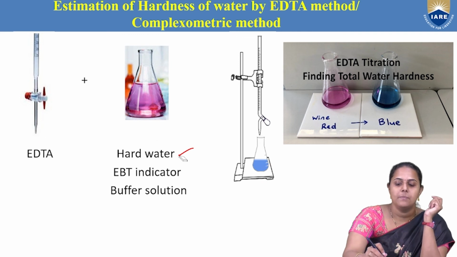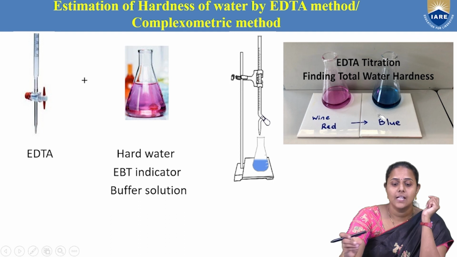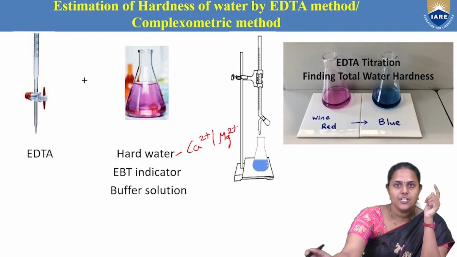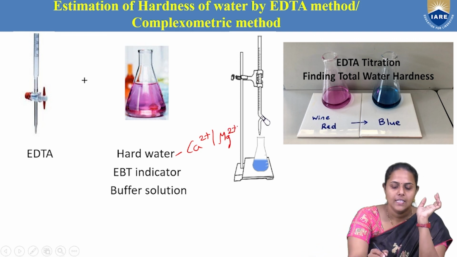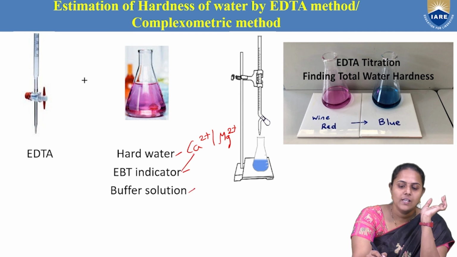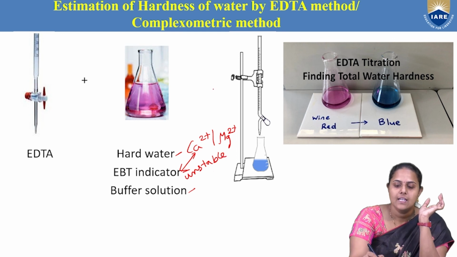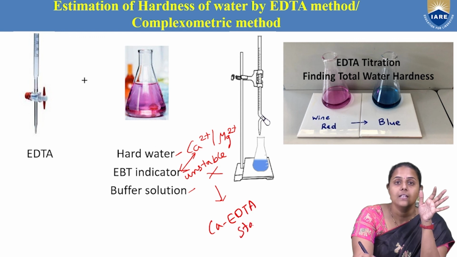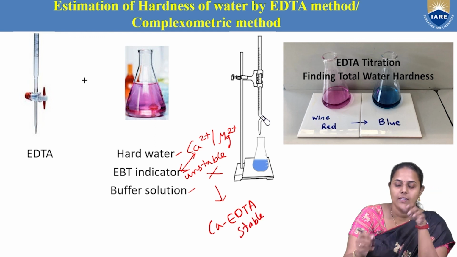The important principle is, when the contents in the conical flask are hard water containing calcium or magnesium, with EBT indicator and buffer, these will combine and form an unstable complex. When we start adding EDTA, these will dissociate and result in the formation of calcium EDTA complexes that are stable.